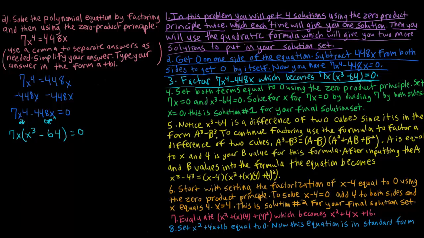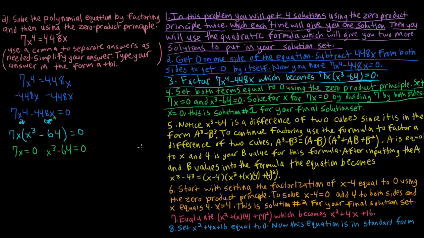Now for step 4, we want to go ahead and set both terms equal to 0 using the zero product principle. So set 7x equals 0 and x to the third minus 64 equals 0. And then we need to solve for x for 7x equals 0. We can do this by dividing both sides by 7.